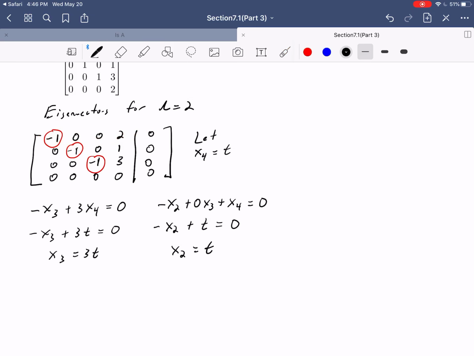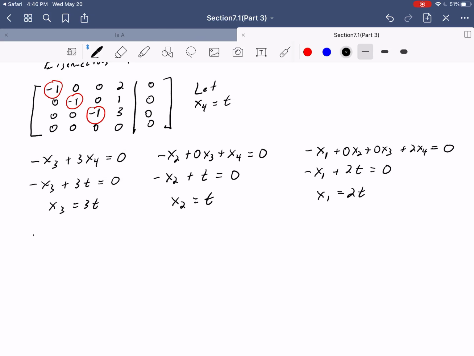Finally, that top equation tells us that negative x1 plus 0x2 plus 0x3 plus 2x4 is 0, so negative x1 plus 2t is 0, and x1 is 2t.